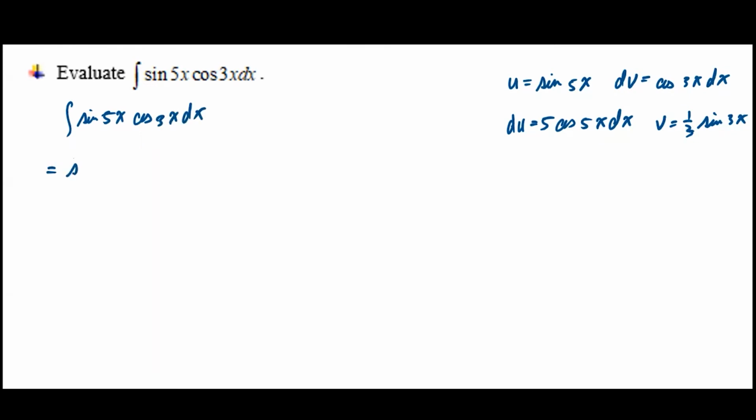So we have, let's put 1/3 in the front, so 1/3 sine 5x sine 3x minus the integral of v du. So I'll combine the constants, 5/3 coefficients, and then we have cosine 5x and sine 3x dx.